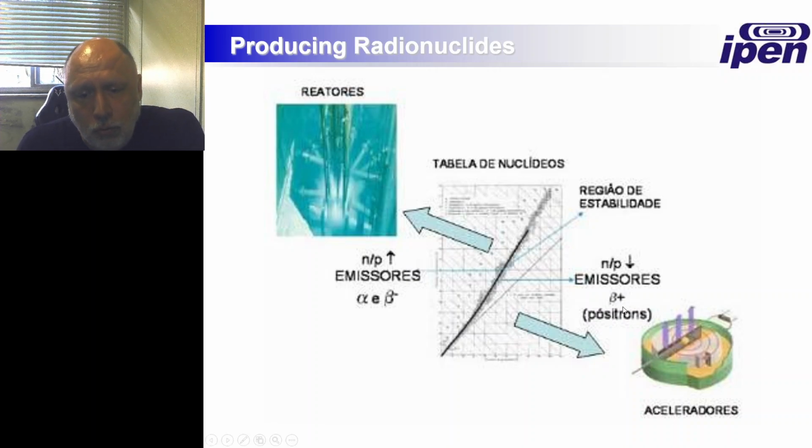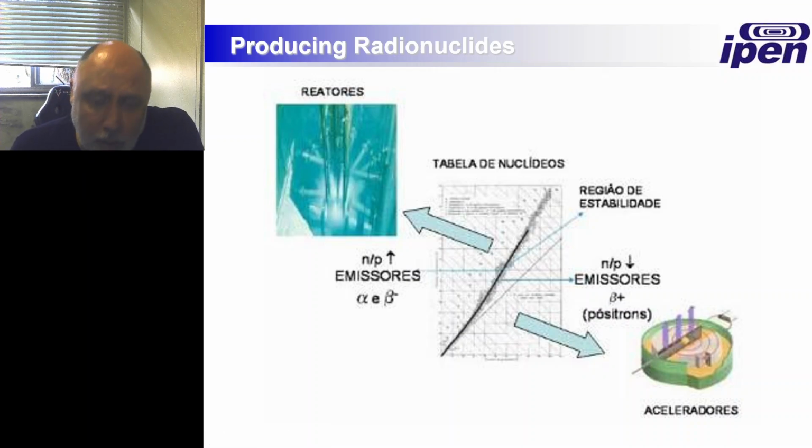So what we can do is use particle accelerators. A particle accelerator in this case is essentially an accelerator in which you accelerate a positive ion, maybe hydrogen, maybe helium, maybe carbon, whatever, and you cause a nuclear reaction. This nuclear reaction will produce neutron-poor, meaning proton-rich, products, and proton-rich products tend to decay by beta plus.